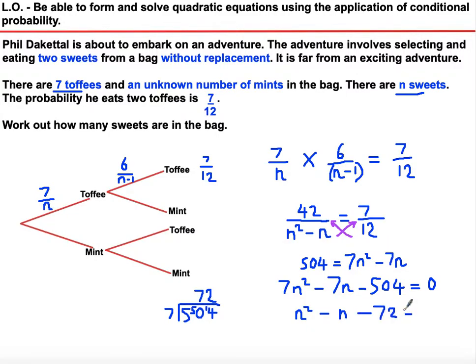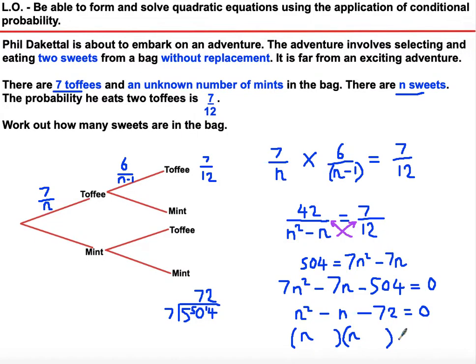Another thing to consider is that the number of sweets is going to be a whole number. So it's likely that we're going to be able to factorize to solve this problem. When I say factorize, you say bractorize. Factorize is always associated with brackets, remember that? So we've got two brackets with n in them. That creates the n squared.